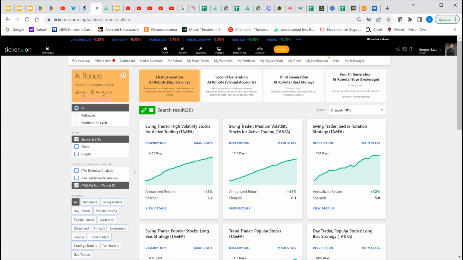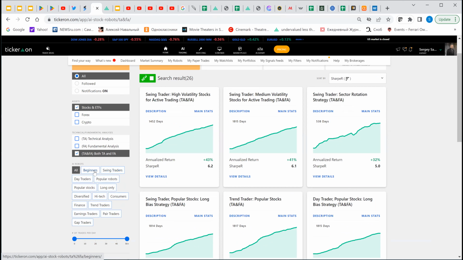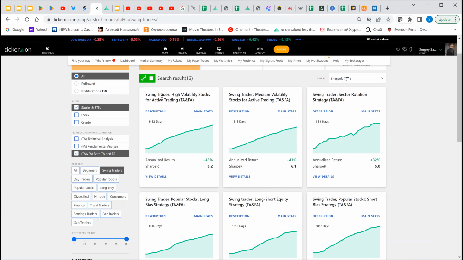We'll go here, and as you can see, we have different types of robots, and that's where you can look at them. Let's say you want only swing traders. So now it's becoming swing trader, swing trader, swing trader, and the algorithms are based on high volatility, medium volatility, sector rotation, all kinds of interesting stuff.